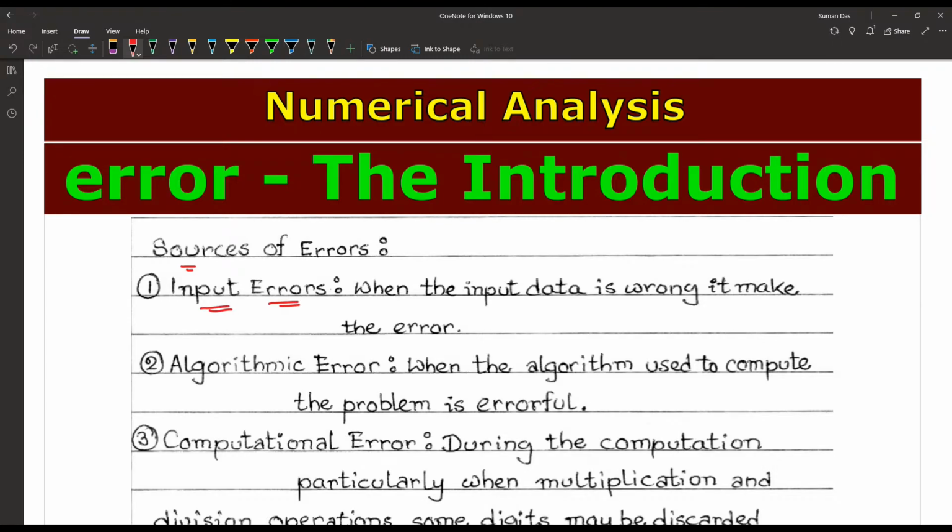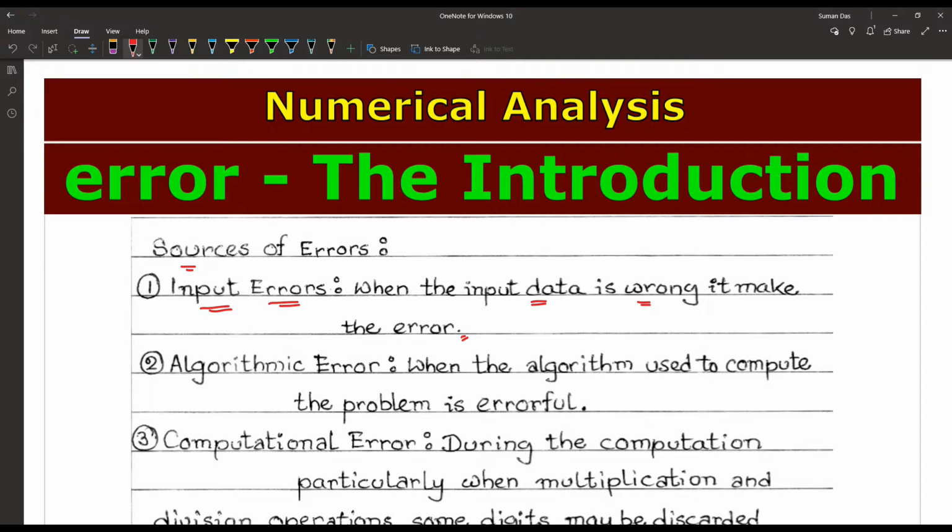That means when the input data is wrong, it makes the error. Obviously, the data we are collecting and after that doing the calculation with, if it contains the error, then the calculation must be errorful for any type of numerical analysis.